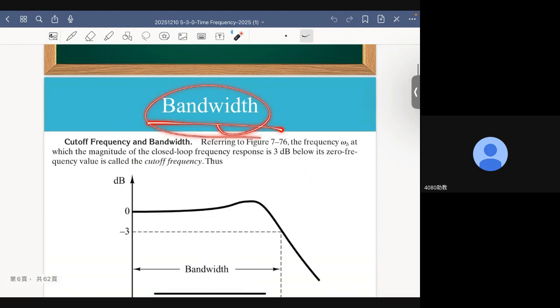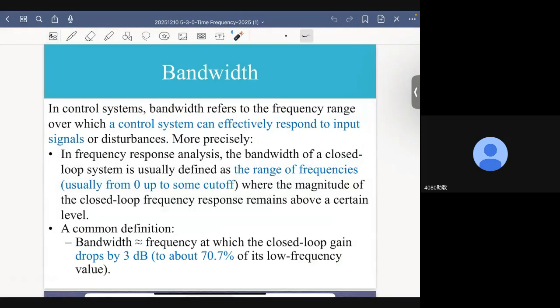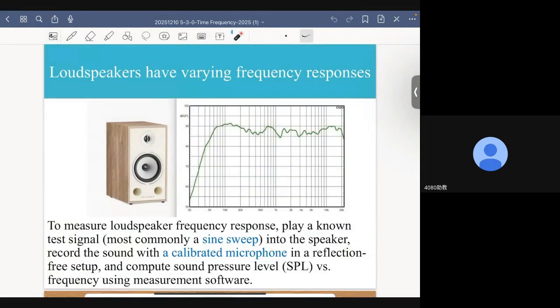All right. Now, this definition is not universally true because, I'm sorry, we saw the frequency response of a loudspeaker before. All right. Now, this speaker is a physical system, but in the low frequency range, its output is actually very, very small.